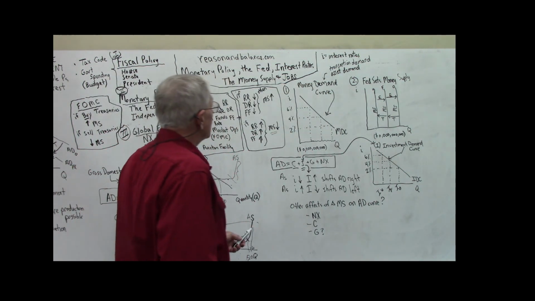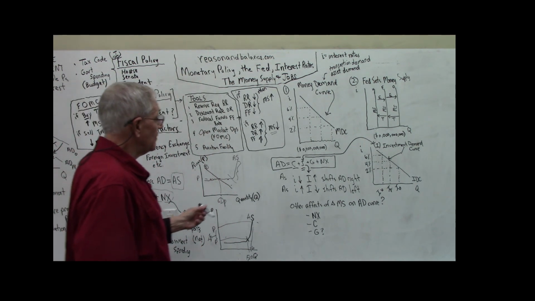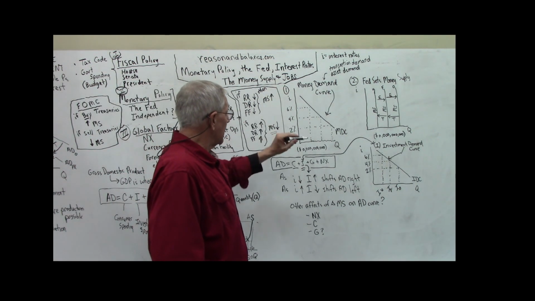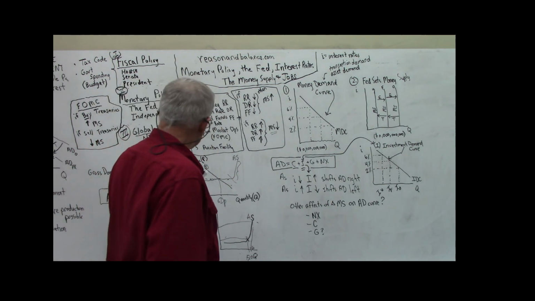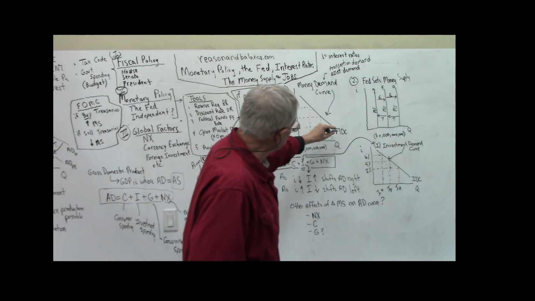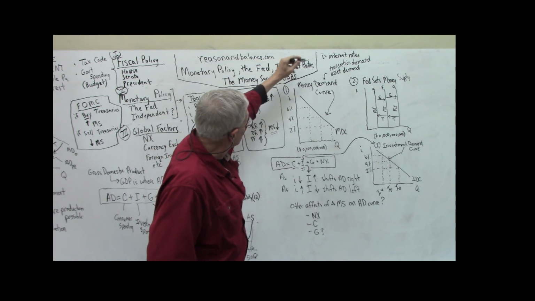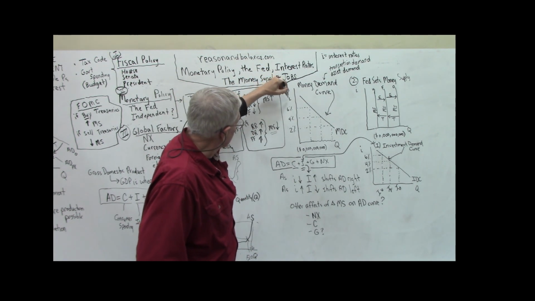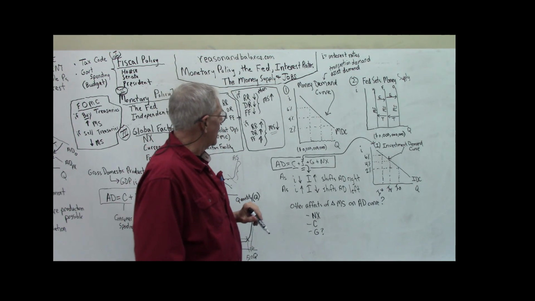Okay, let's go back to the demand for money. All right. We see that the demand for money has a curve just like the aggregate demand curve. We are not talking about the aggregate demand curve right now. We're talking about, this is MDC, not AD. Notice up here, these are interest rates instead of prices, and this is still quantity, Q, in dollars now.